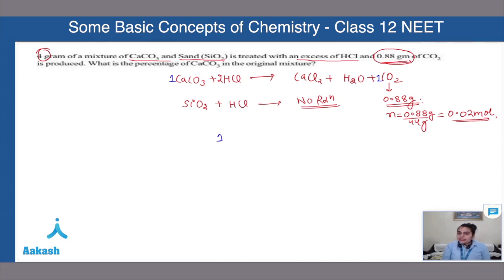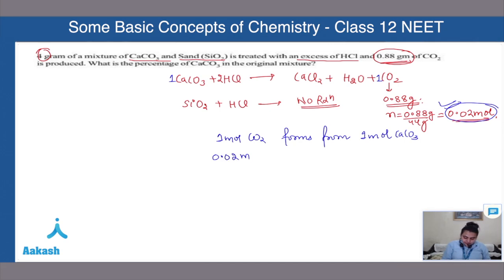Now 0.02 mole of calcium carbonate means mass equals number of moles, that is 0.02 into 100, that is 2 grams. Yes or no? This means out of the 4-gram mixture, there is 2 gram calcium carbonate and obviously 2 gram would be silica, that is SiO2.